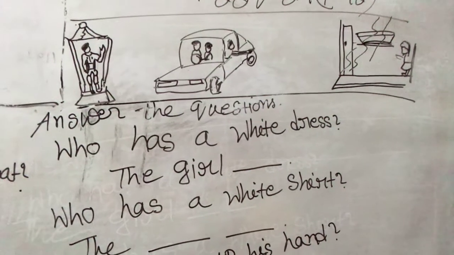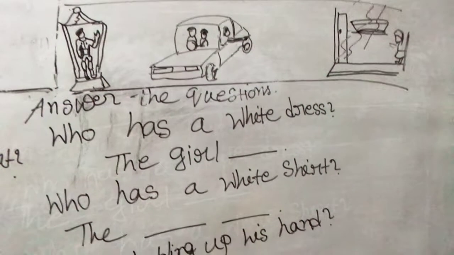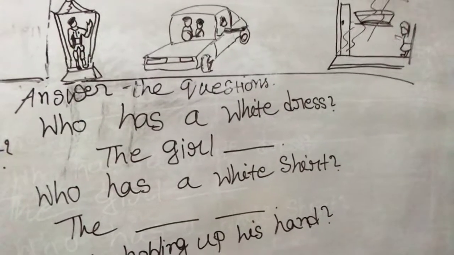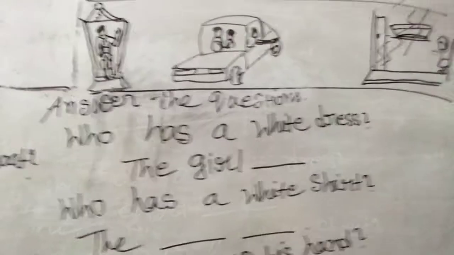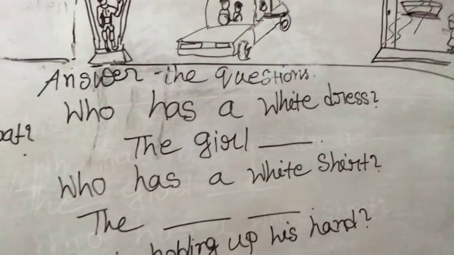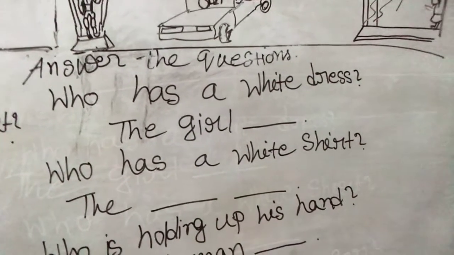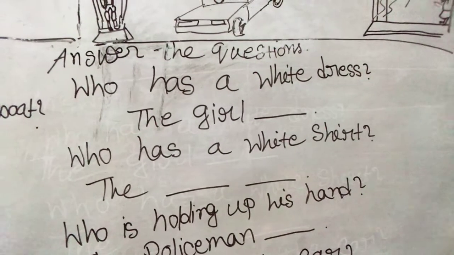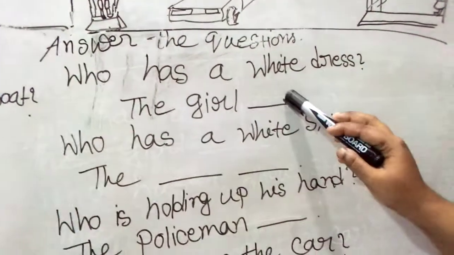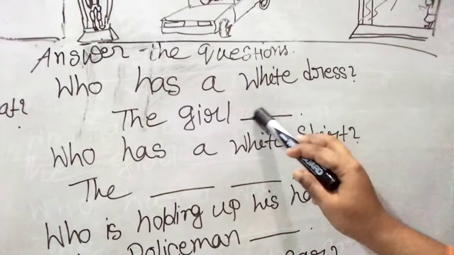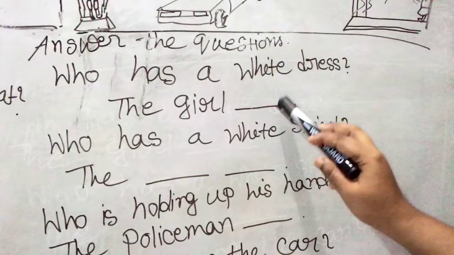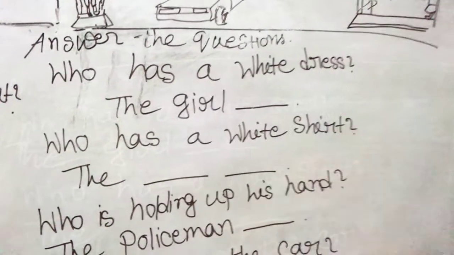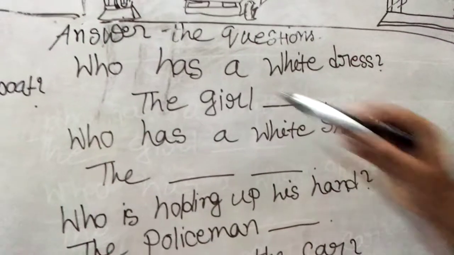In the very first question, what is given? The question is, who has a white dress? Here the girl is already given. The clue is the girl. Now what should we put here? We should put here an auxiliary verb. What is the auxiliary verb in the question?